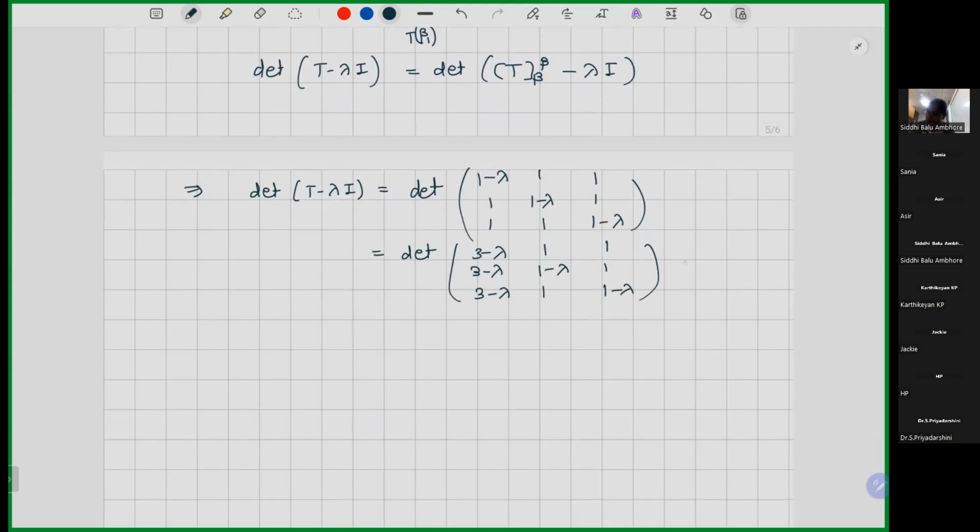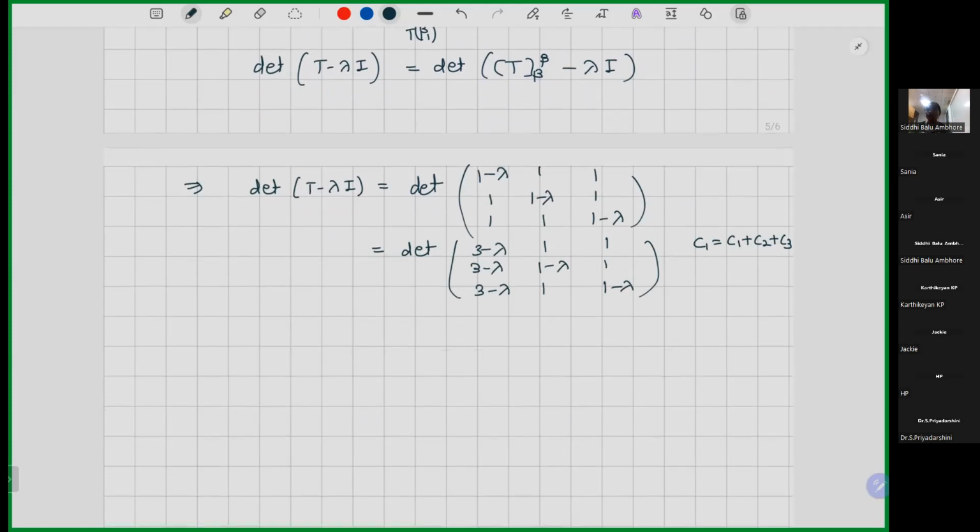So what I'm doing is C1 is equal to C1 plus C2 plus C3. I'm just adding all three columns, and the determinant still remains the same in this case.